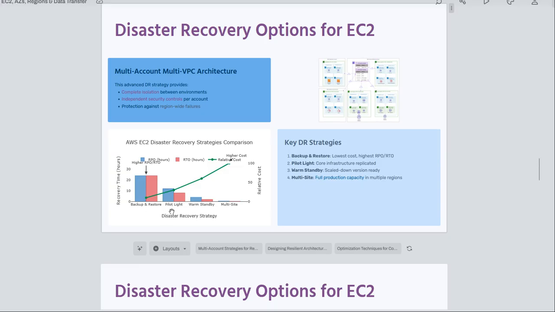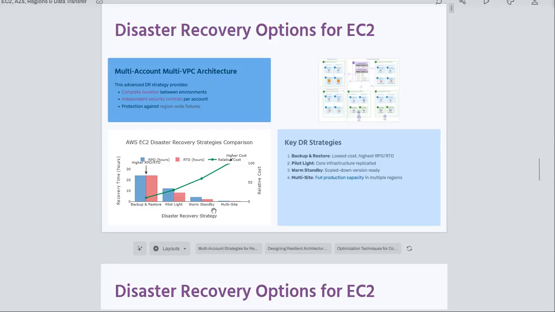Pilot light is the second one, somewhere between 10 and 20 minutes; it's core infrastructure replicated.